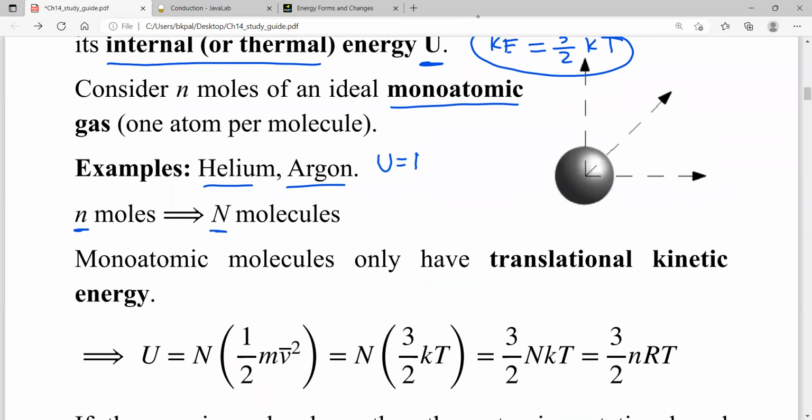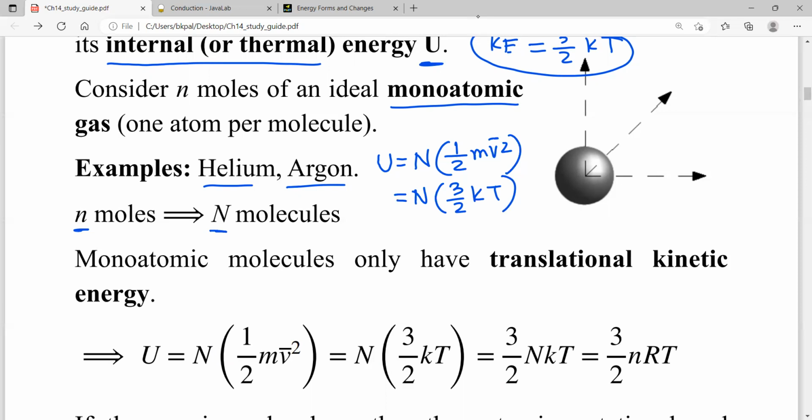For each molecule, let's say this is the average kinetic energy. So N molecules times the average kinetic energy gives you the internal energy or the thermal energy. Now you know that the average kinetic energy is also equal to 3/2 kT.